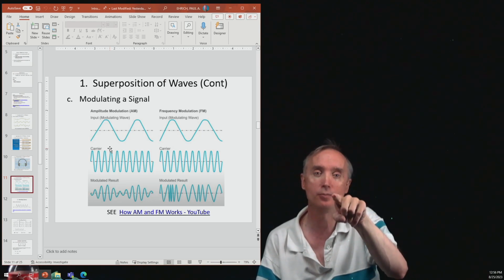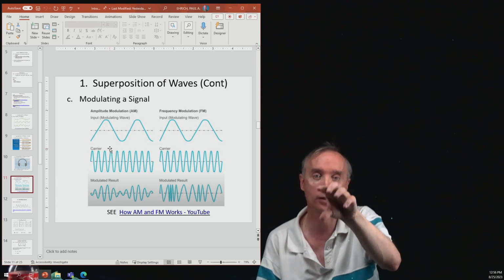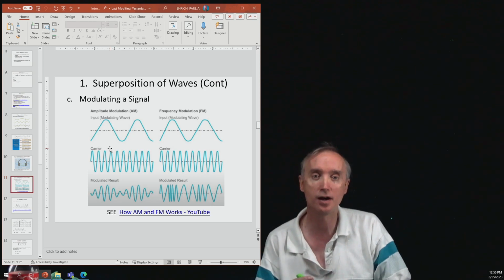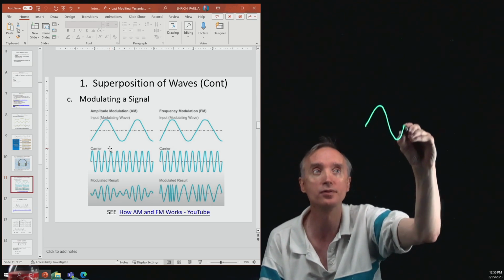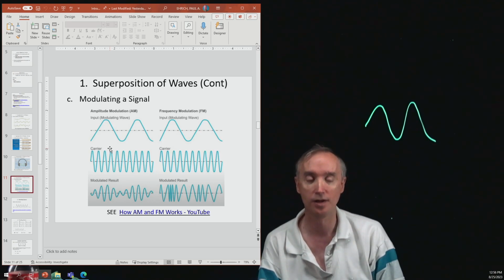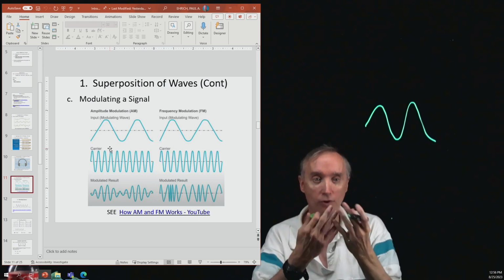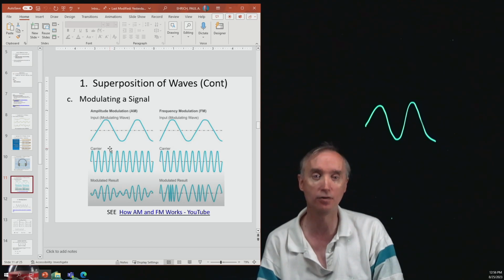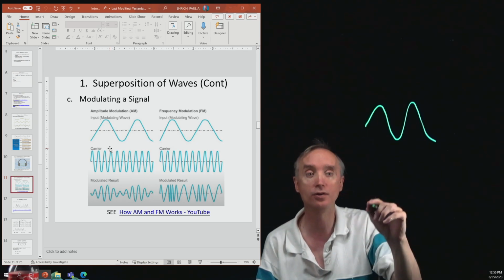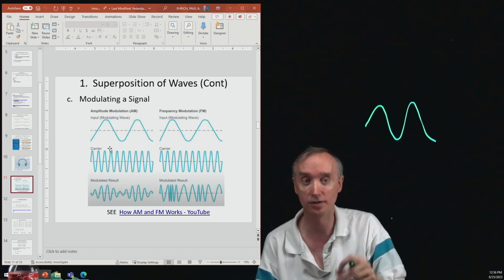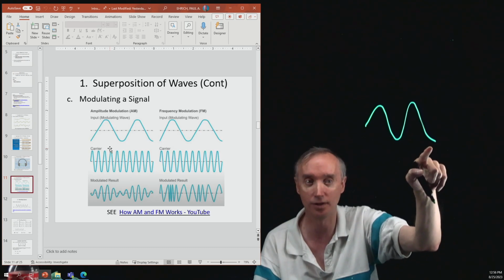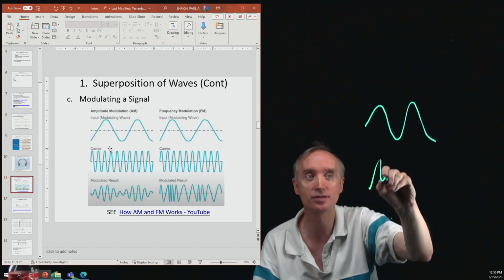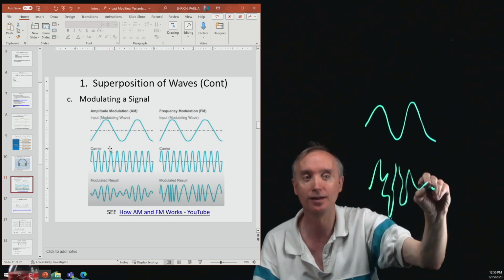So the top picture there, in this picture, the top two squiggly lines are going to represent the signal. That could be a voice that's being transmitted over the radio, or it could be music that is being transmitted over the radio. Now, in fact, it's not going to be pretty like this. In fact, it's going to look something like this.